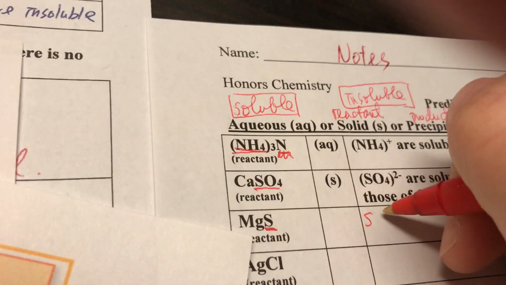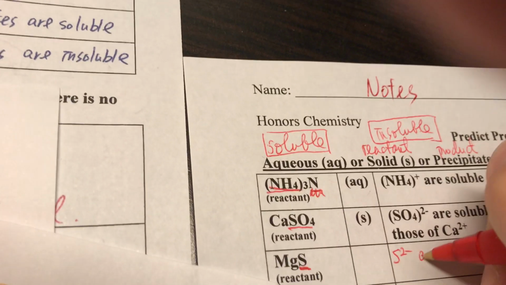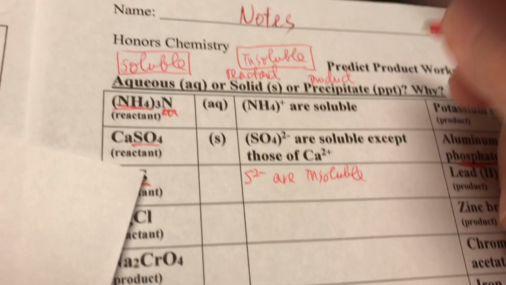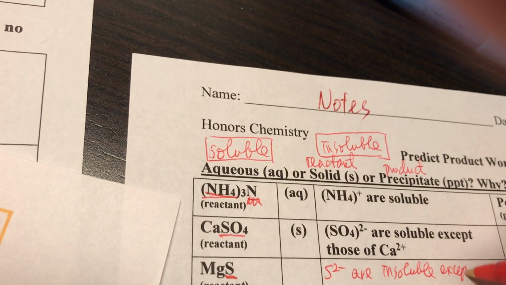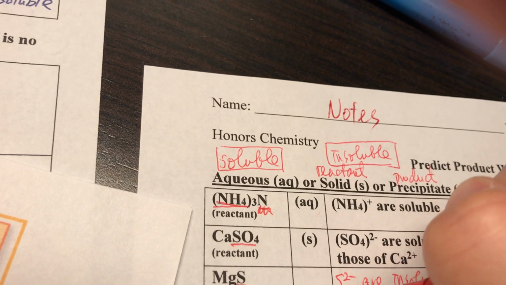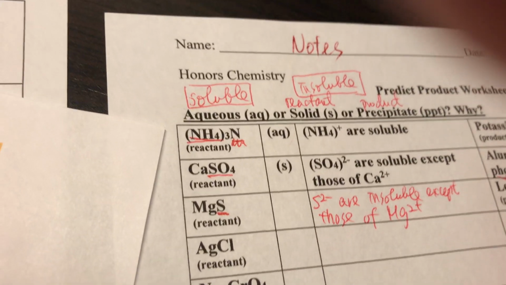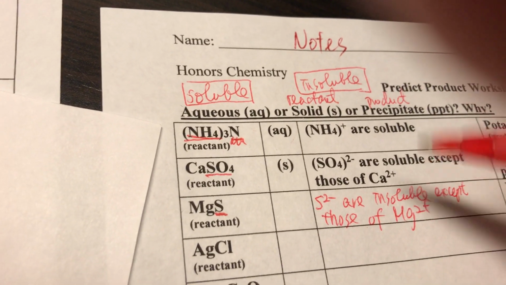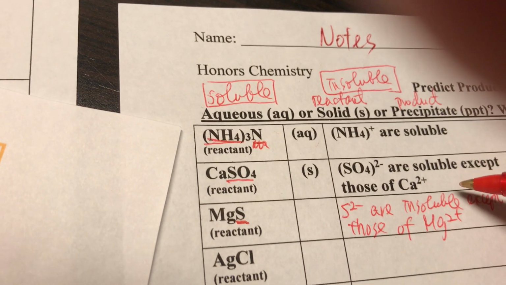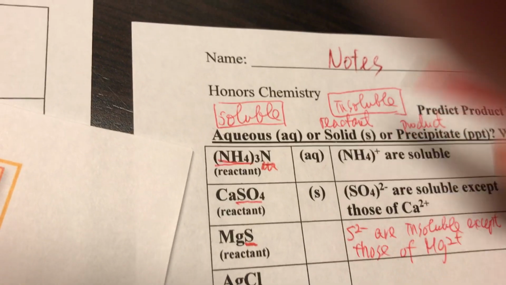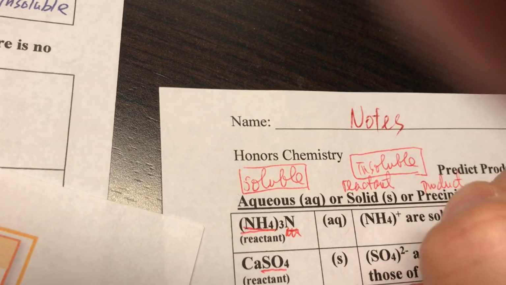So we write S2 minus are insoluble except Mg2 plus. It means originally it is insoluble, but the exception is Mg2 plus, so it is soluble, aqueous.